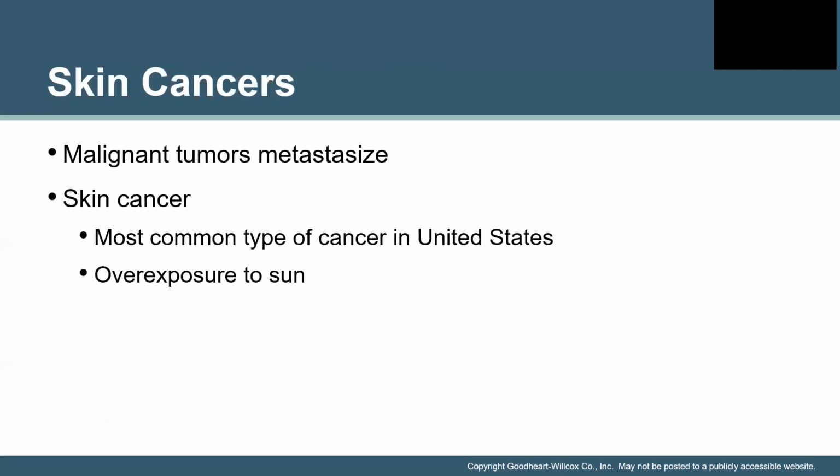Skin cancers. Okay, so skin cancers are named for the cells that they're going to impact. Malignant tumors can metastasize. It's the most common type of cancer in the United States, and they attribute it to overexposure to the sun.